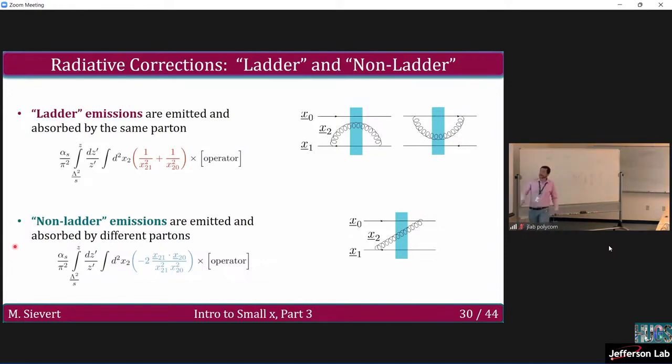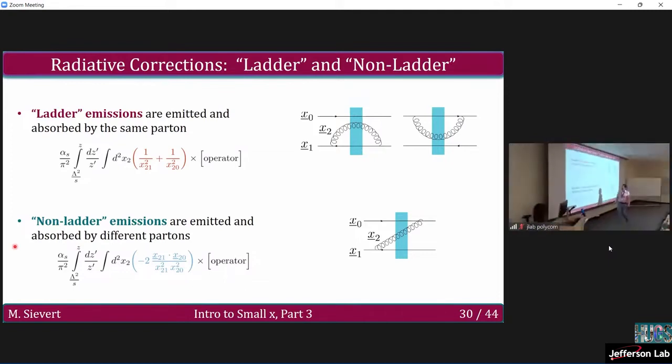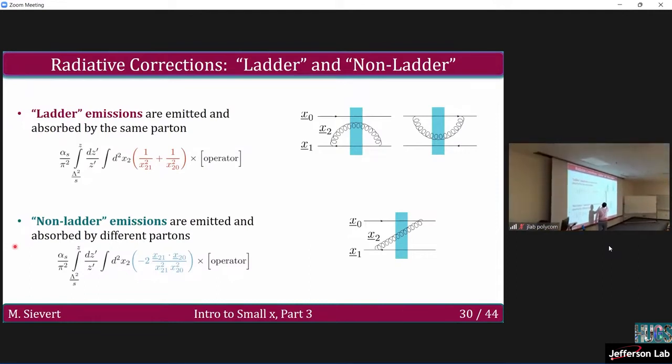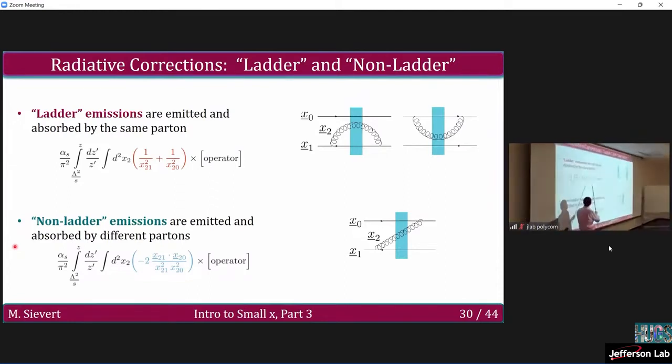So the ingredients for this just come from the wave function, literally the light front wave function, just like we talked about before, for the quark to split into a quark-gluon system. In momentum space, that dependence is 1 over k perp squared. And if you Fourier transform it, it's just 1 over x perp squared. So this factor in red here is just the spatial part of the wave function.